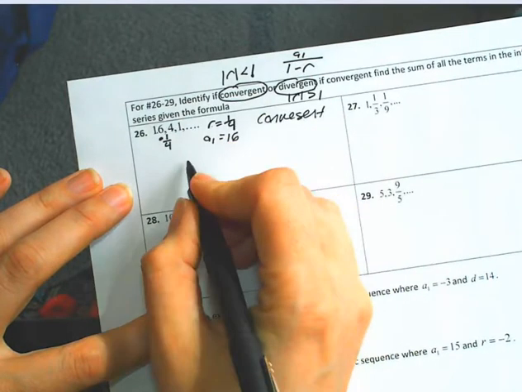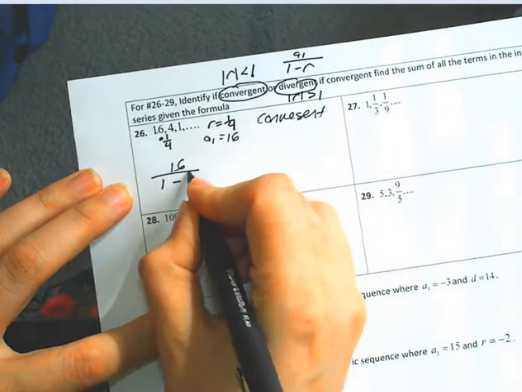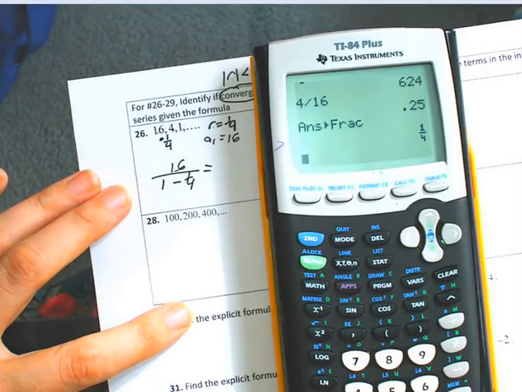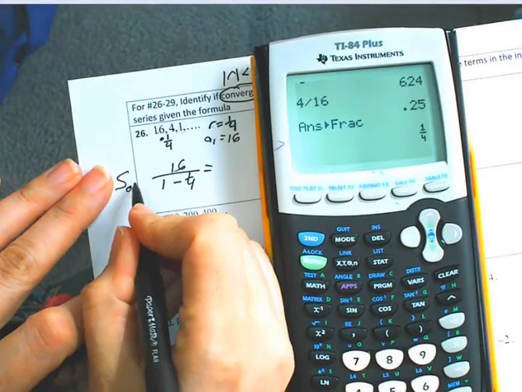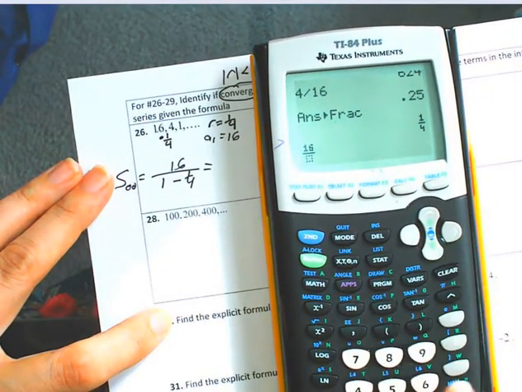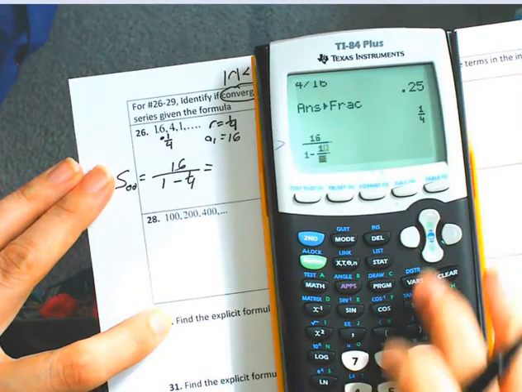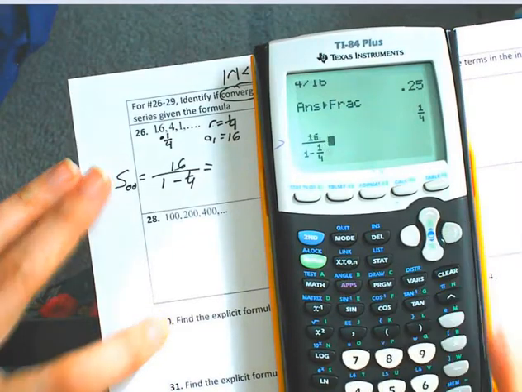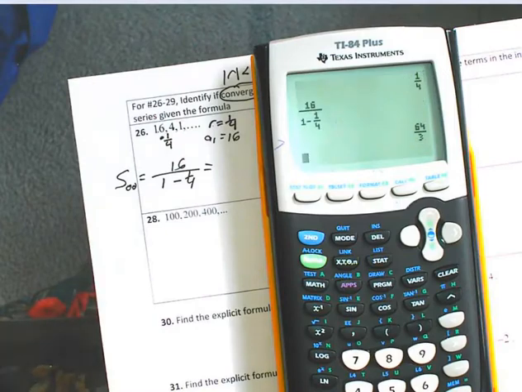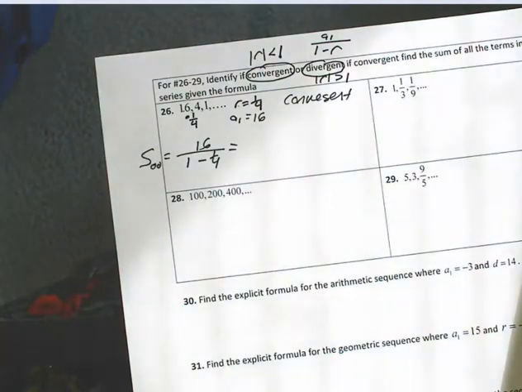I already know my r, so I can plug into the formula: S equals 16 over 1 minus 1/4. Please be careful with this. My suggestion is just to put it directly into the calculator. That gives me 64 over 3. So it converges onto 64 over 3.